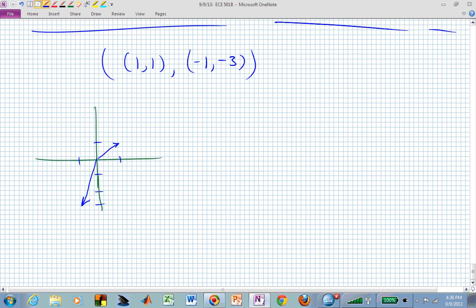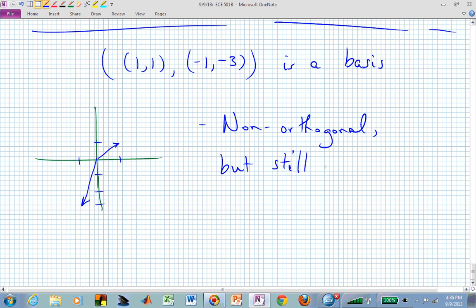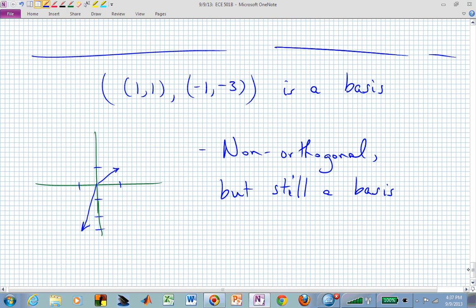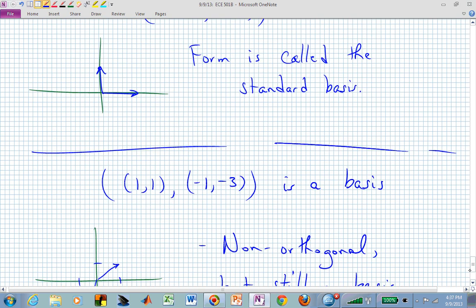These two vectors then, that set is a basis. It's not orthogonal, but it still forms a basis. And now here's where we could talk about a coordinate system.